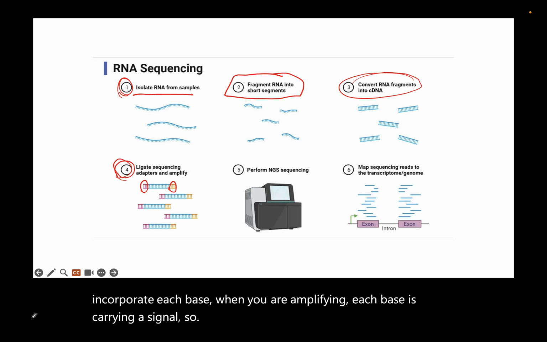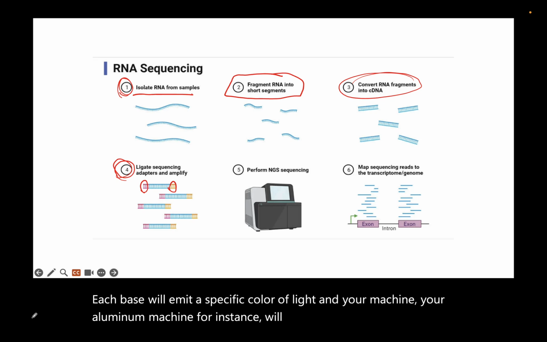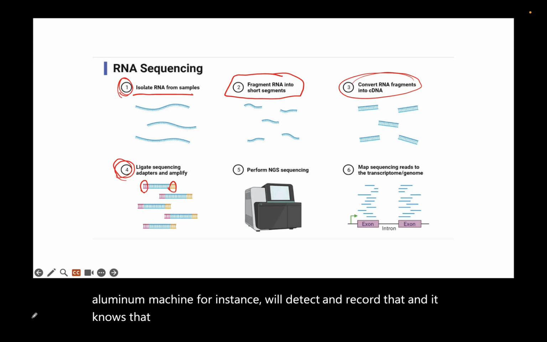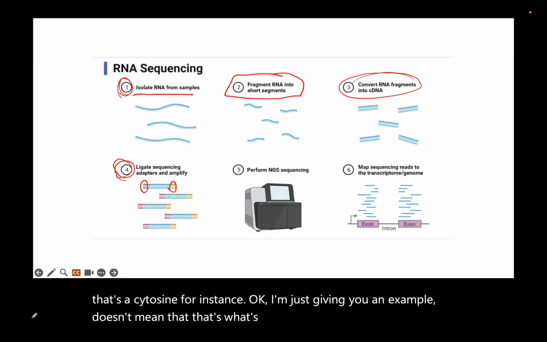So each base will emit a specific color of light. And your machine, your Illumina machine, for instance, will detect and record that. And it knows that if it detects red, that's adenosine, or if it detects green, that's a cytosine, for instance. Okay, I'm just giving you an example. Doesn't mean that that's what's happening with the Illumina.